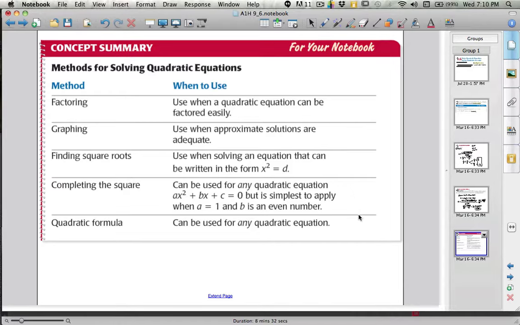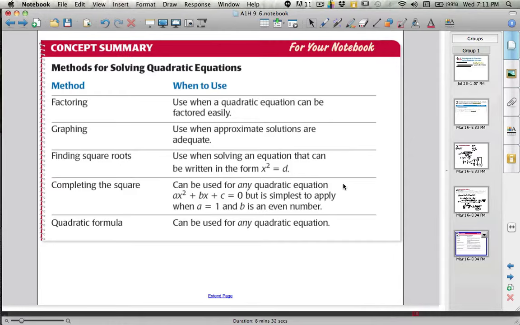Completing the square and the quadratic formula can be used for any quadratic functions. And I'm most likely to use completing the square when the leading coefficient is 1, or when b is an even number, or if the leading coefficient is not 1, where the a value is easily factored out of the b value.